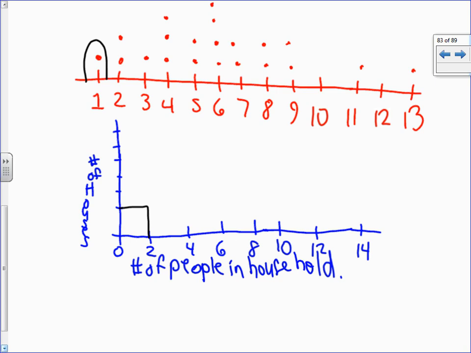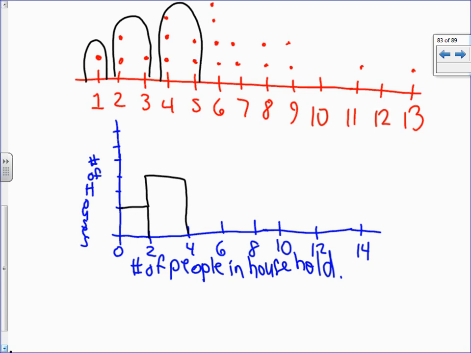Then the next bar represents the number of houses that have 2 or 3, okay? Because if you're on the number, it goes in the next one. So 2 or 3, there are 3 houses. Then we go 4 or 5.